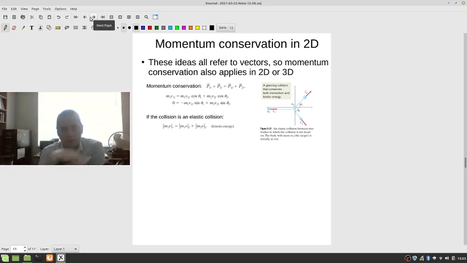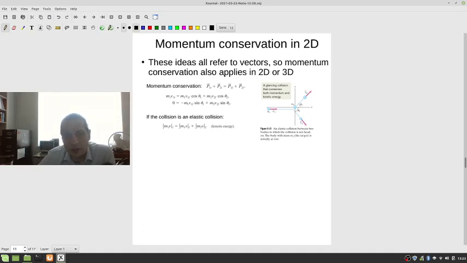So what we've been doing is adding up the momentum in one direction and saying the sum of all that momentum, barring any external forces on my system, is going to be conserved before and after an interaction. Now the nice thing is this actually also works in two dimensions or three dimensions more generally.